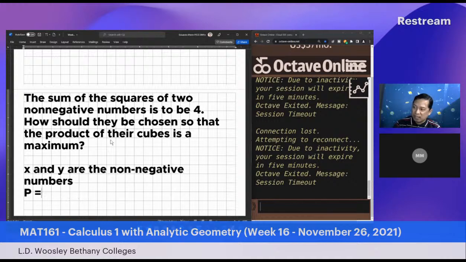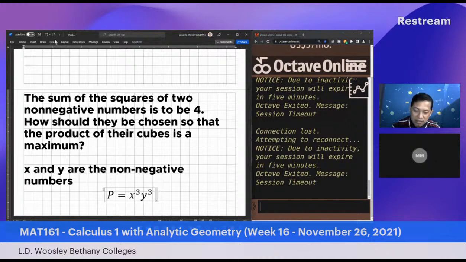Gawin na nga natin itong mathematical. So the product P is the one to be maximized such that P equals x cubed y cubed.